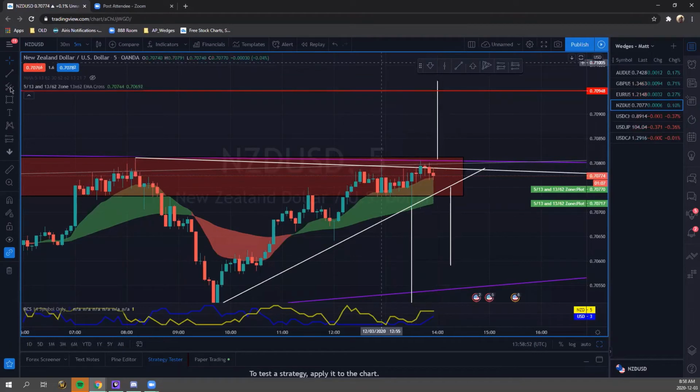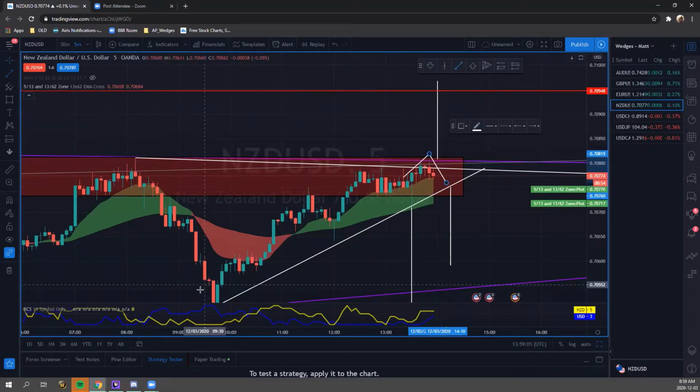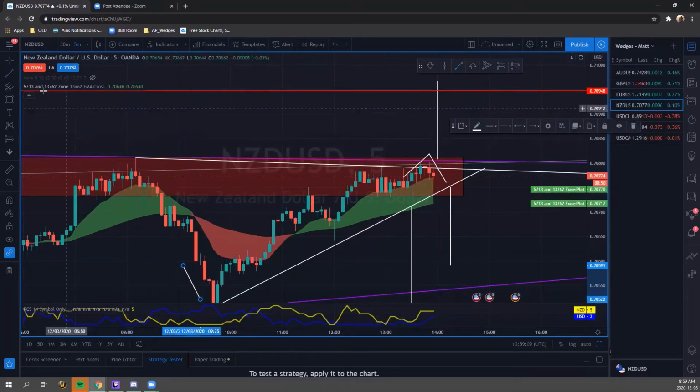It's kind of like a triangle, like a little house is what you're looking for. Or you're looking for something like this, like 5 candles that kind of make a little something like that.